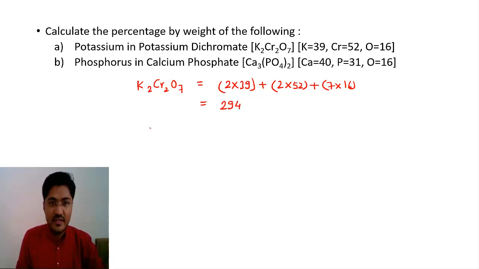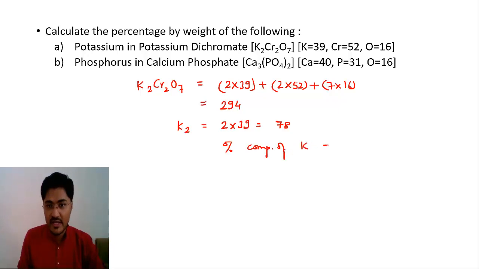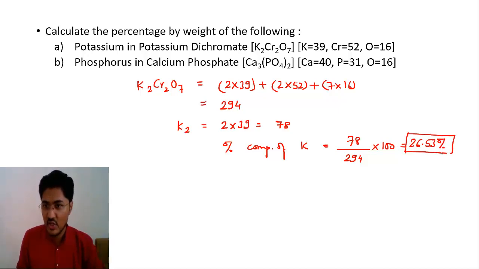And we know that the weight of potassium in potassium dichromate is K2, that is twice 39, which gets to 78. Now the percentage weight of potassium would be 78 divided by 294 into 100. So we get 26.53%. That's your final answer here.